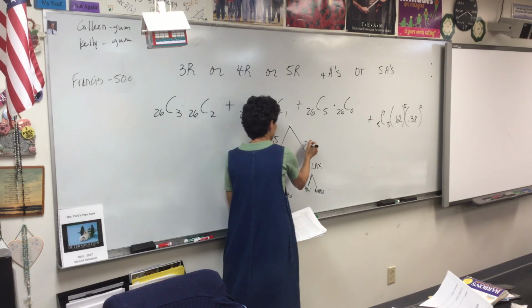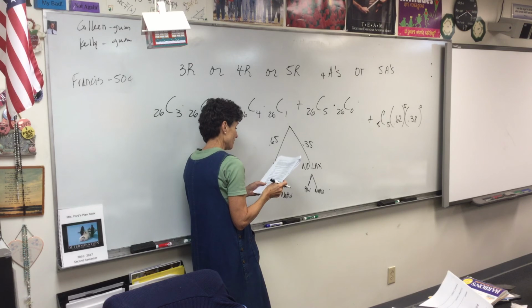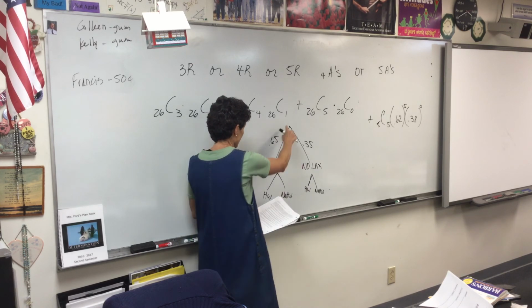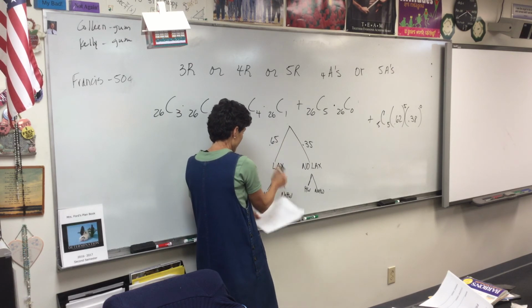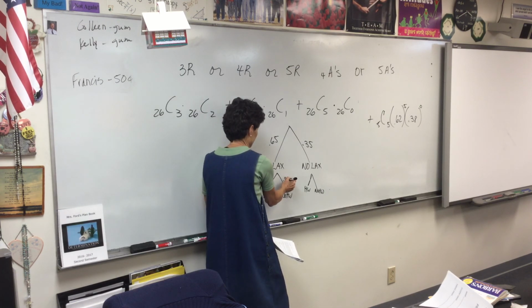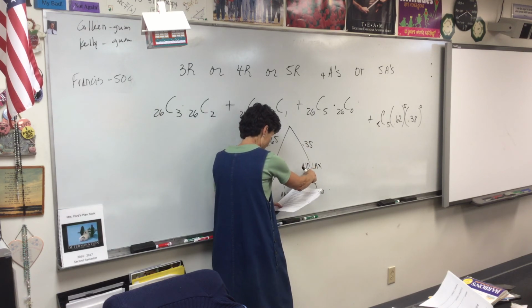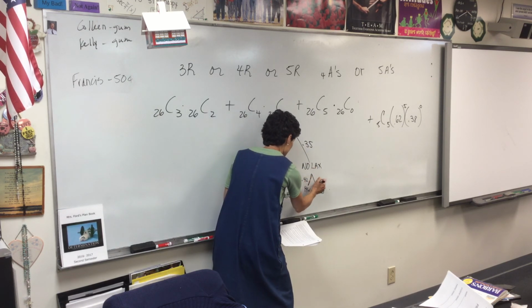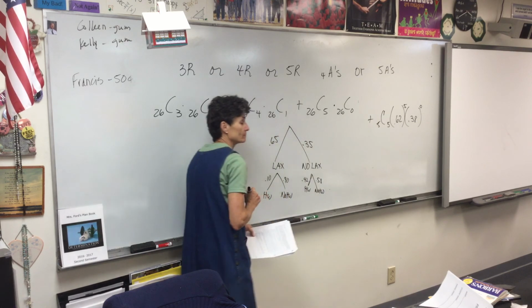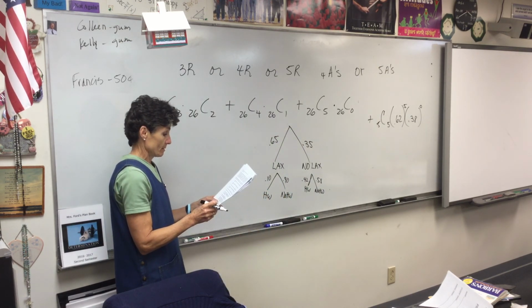What's the probability we have lacrosse? 0.65, so no lacrosse would be 0.35. If there is lacrosse, there's a 10% chance he does his homework. If there is no lacrosse, there's a 42% chance he does his homework. So what's the question?